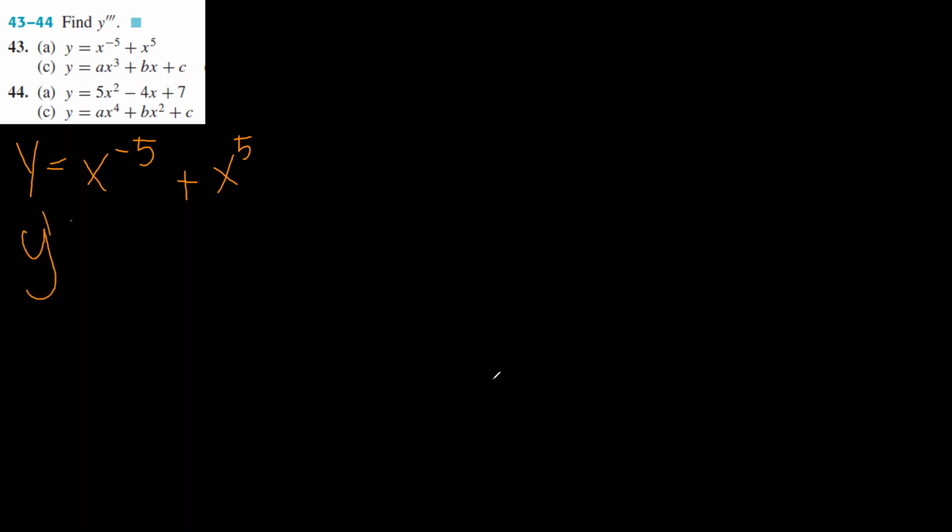Now let's solve 43a. y equal x raised to the power -5 plus x raised to the power 5. I want you now to find y third prime, or the third derivative. The first thing, let's find y prime of x.